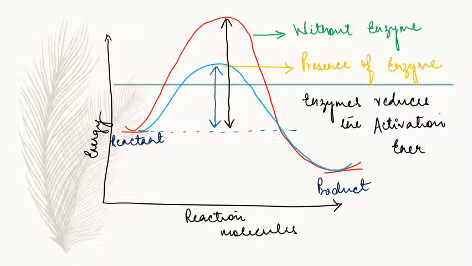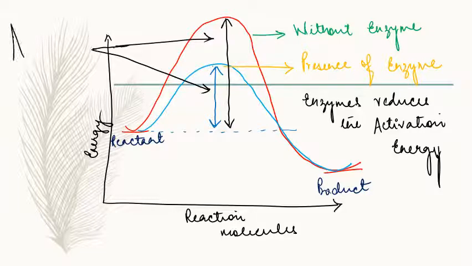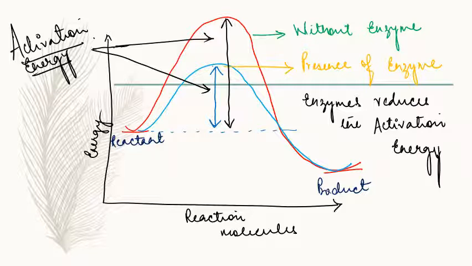This is what we call activation energy, right? It is higher for the without enzyme case and lesser for the with enzyme case. And what is activation energy? If somebody asks you, how will you define it?